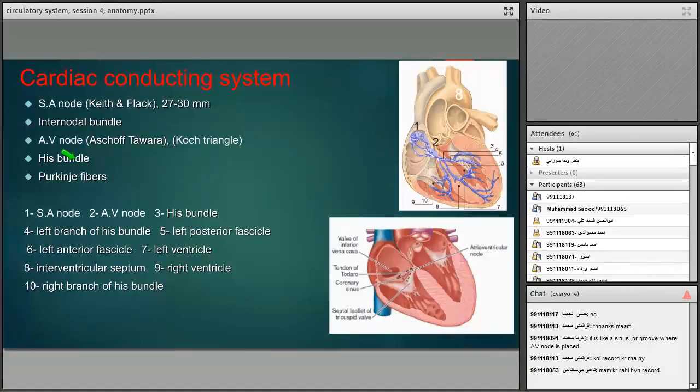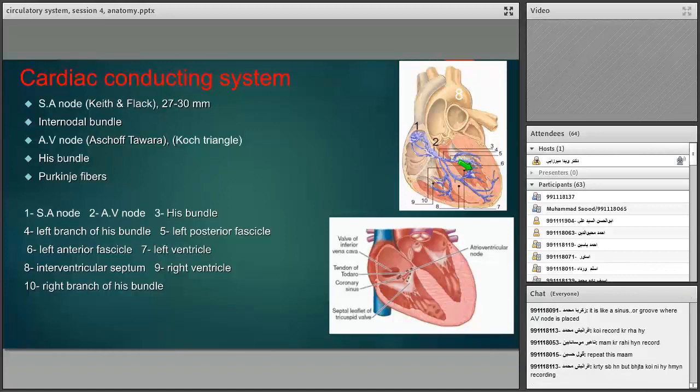One is number 4, the left branch of the His bundle, and the other is number 10, the right branch of the His bundle. And at the end we have Purkinje fibers. These bundles are branching and making Purkinje fibers, number 5 and number 6, okay?